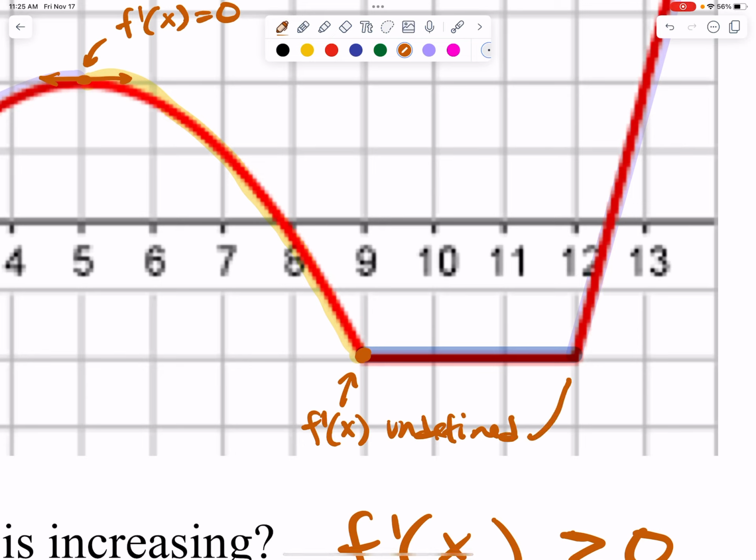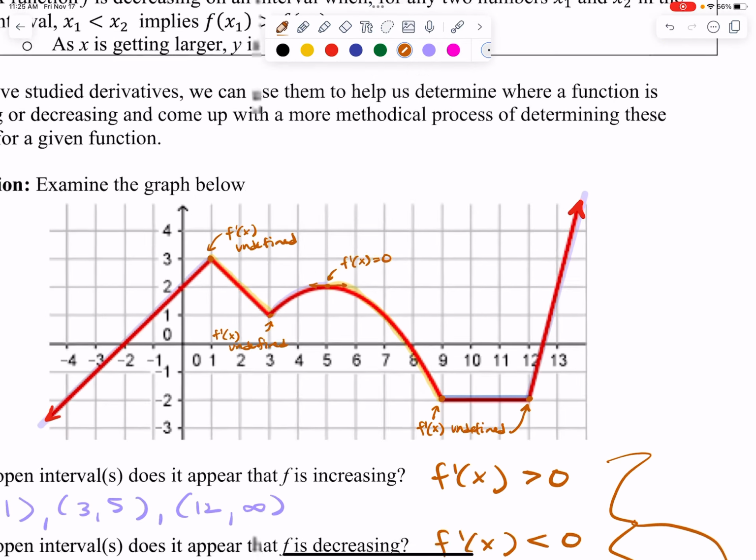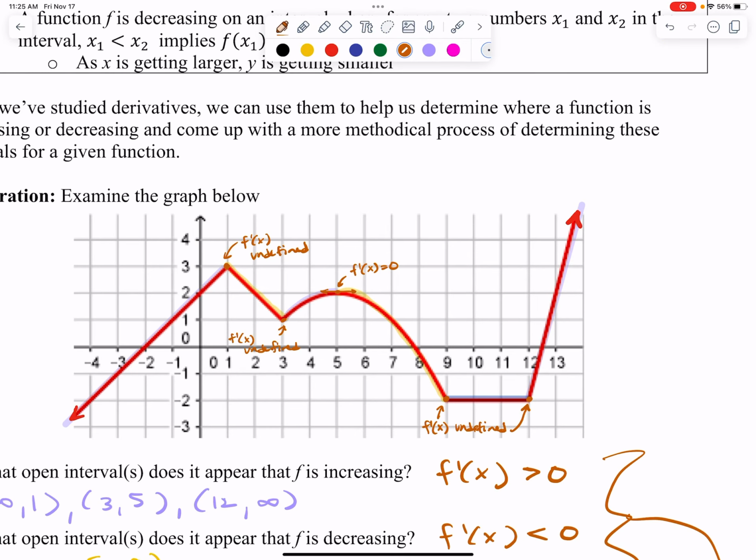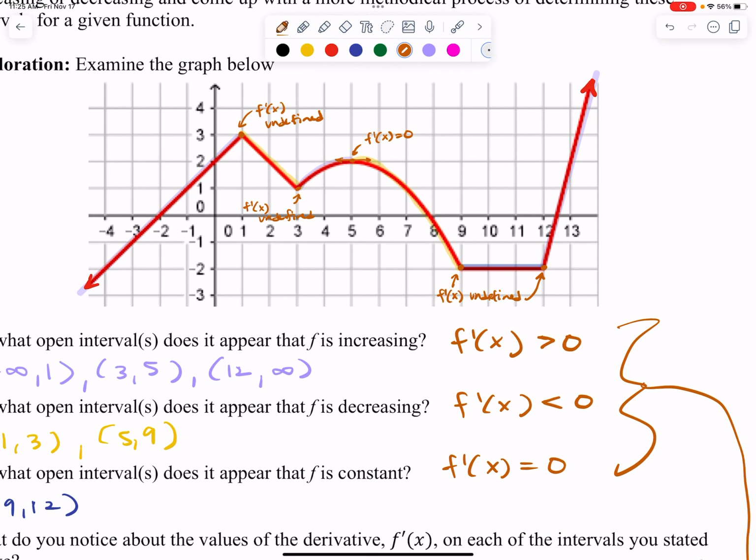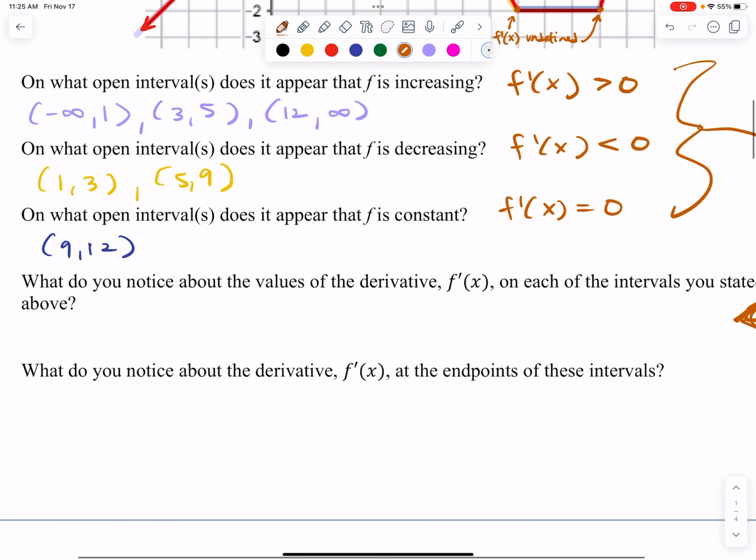And then same thing here where the graph changes from constant to increasing. So those endpoints, it looks like f prime is either undefined at the endpoint of each of those intervals or equal to 0. And that should sound familiar. So f prime is undefined or f prime equals 0.